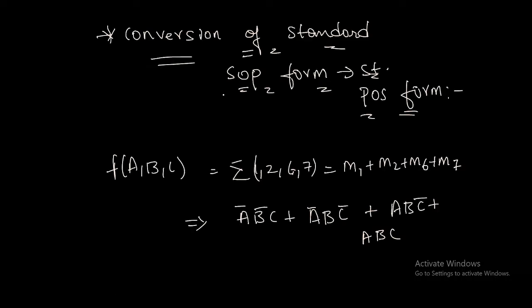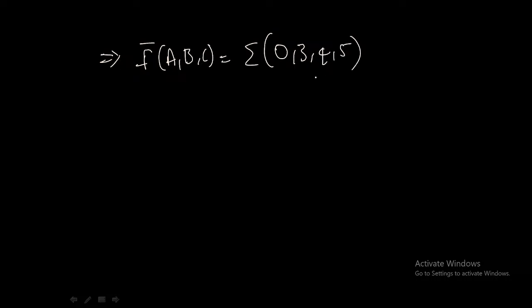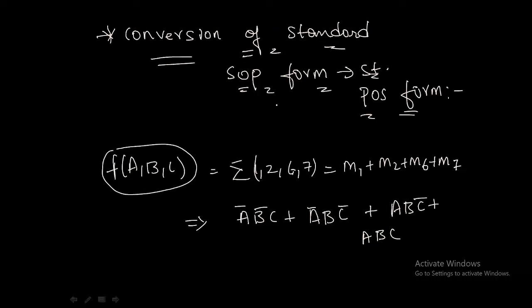How to find the complement of this particular function? f bar of a, b, c can be written as sigma of 0, 3, 4, 5. How am I writing this? In the beginning I said a statement: the complement of a function expressed as a sum of minterms is the sum of minterms missing from the original function. I will write it here.